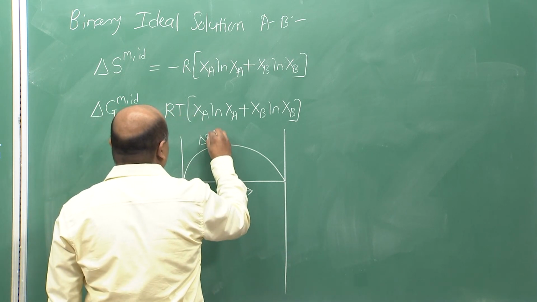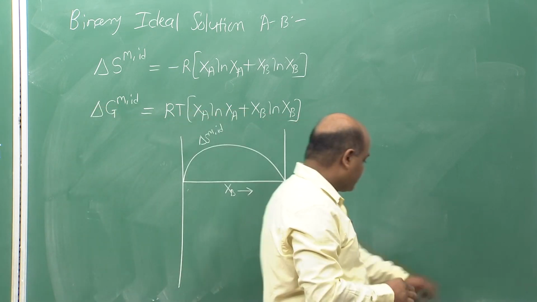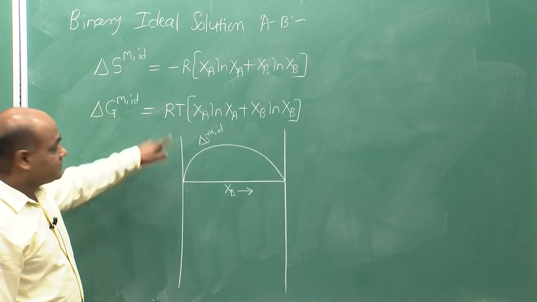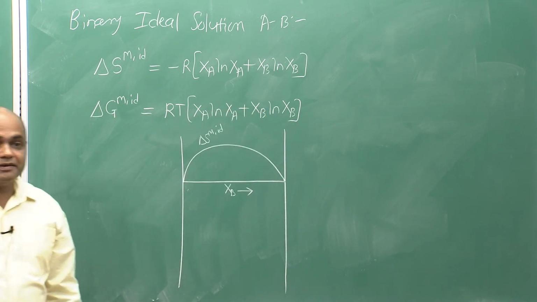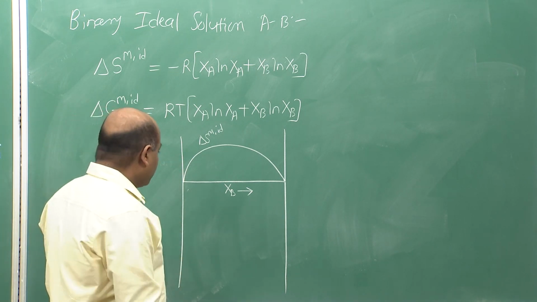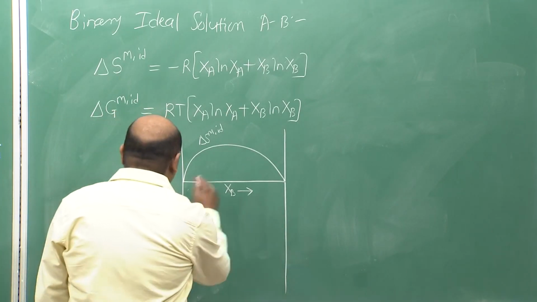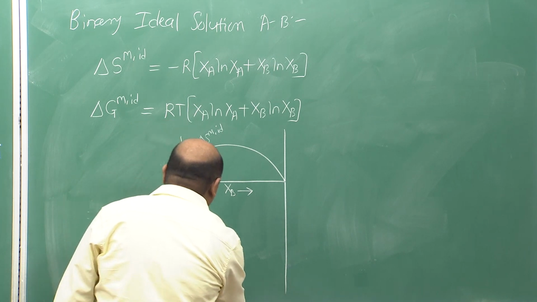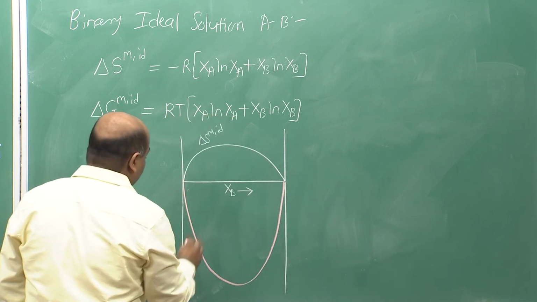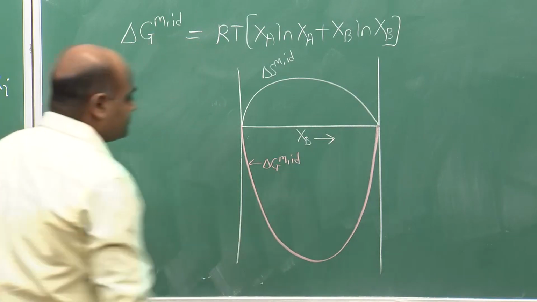So, this is delta Sm id, and delta Gm id you just need to multiply by minus T. Since this is positive, delta Gm id will be negative, but you need to multiply by a factor of T. So, this is delta Gm id.